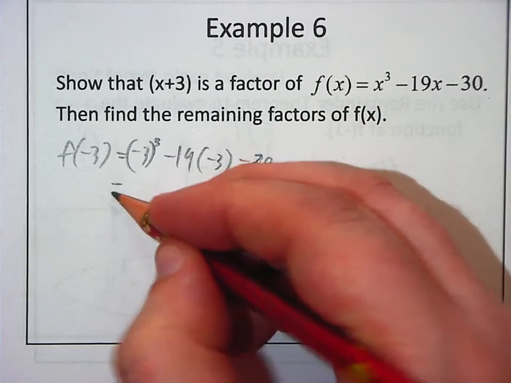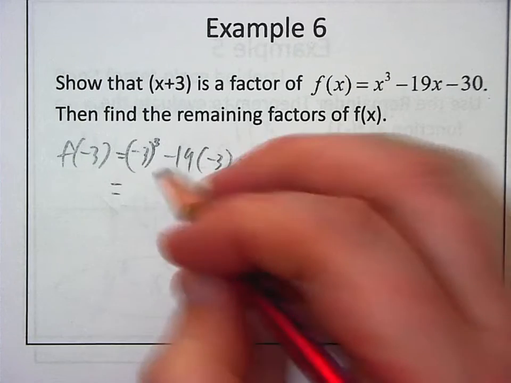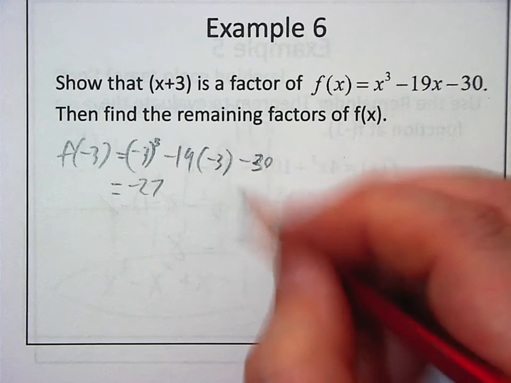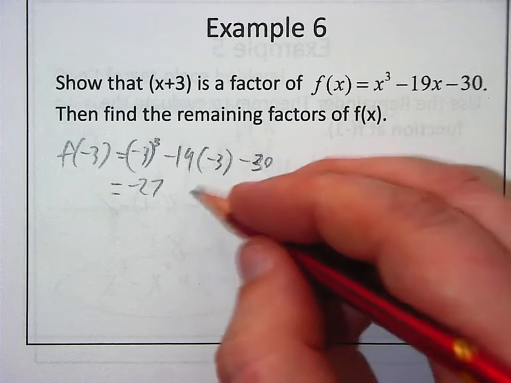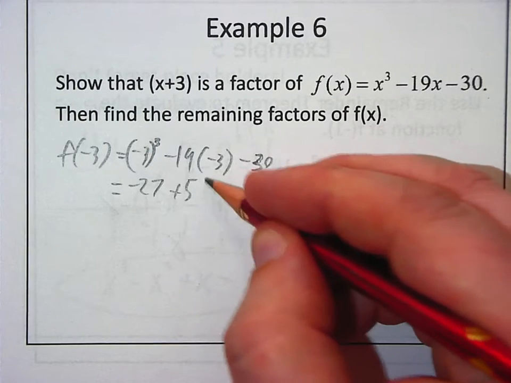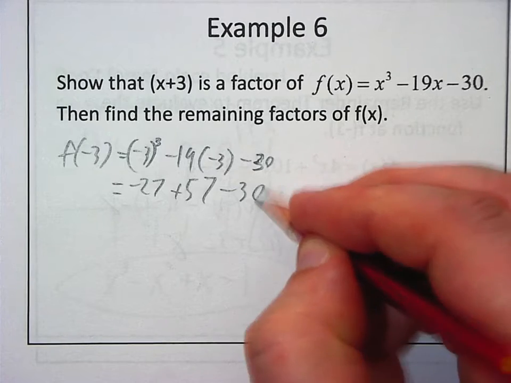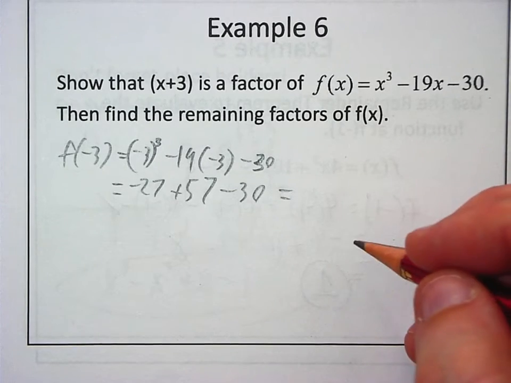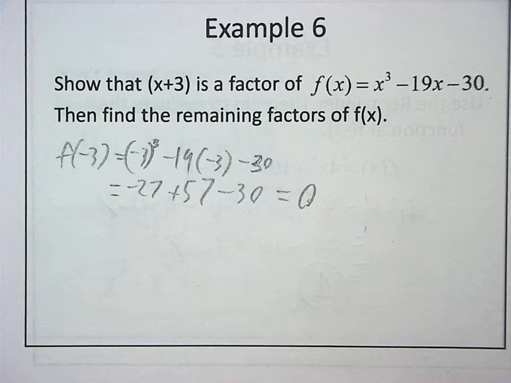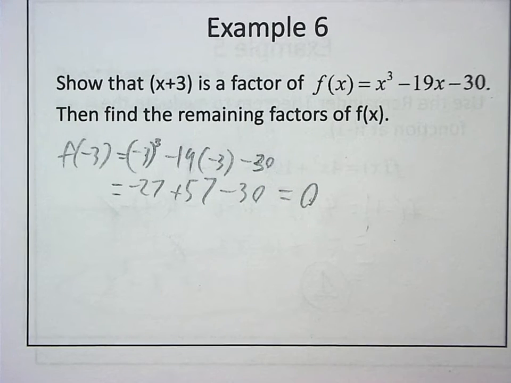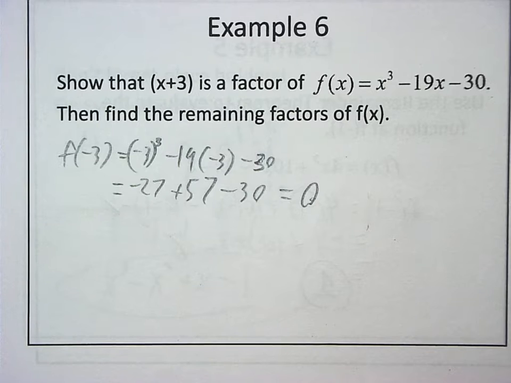Now what's -3 to the 3rd power? -27. -19 times -3? Positive 57. Minus 30 gives you what? 0. So yes, this is a factor of it.